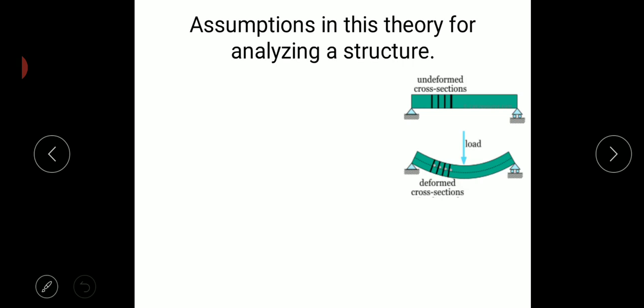So the classical beam theory assumptions also hold good for the moment area method. Therefore, I can generalize this as the assumptions of the moment area method also. The assumptions of classical beam theory are the same as those of the moment area method.